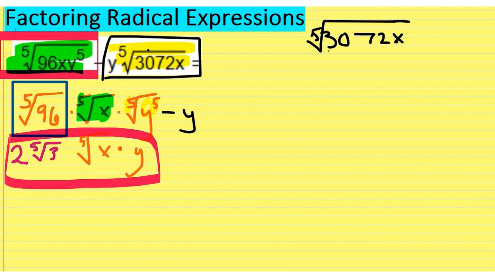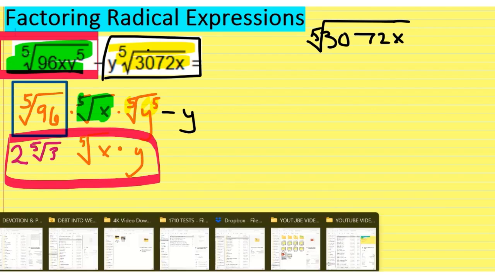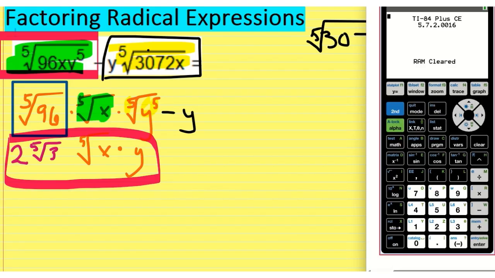That's a big number, so we're going to go ahead and pull up our calculator. Factors of 72: 8 times 9. So I'm going to see if 8 or 9 fits into that, because 8 times 9 is 72. So let's see if 8 fits into it.